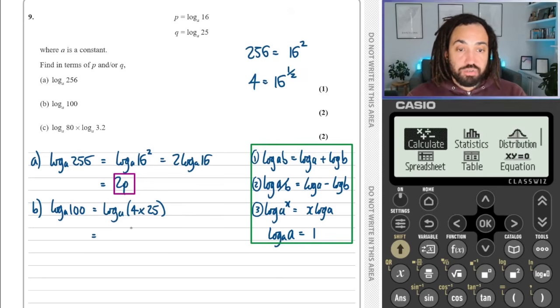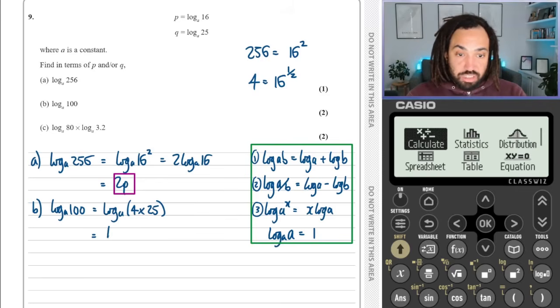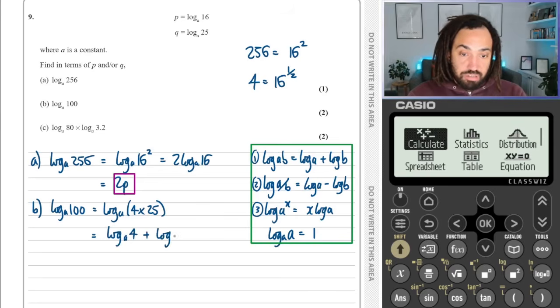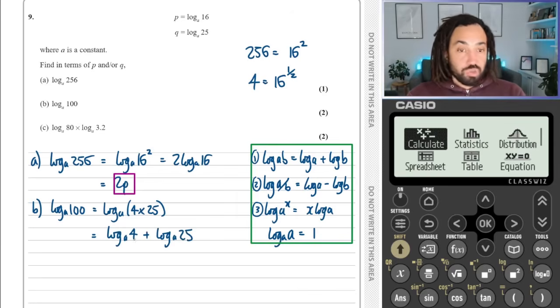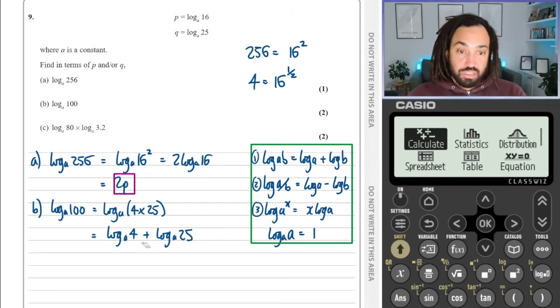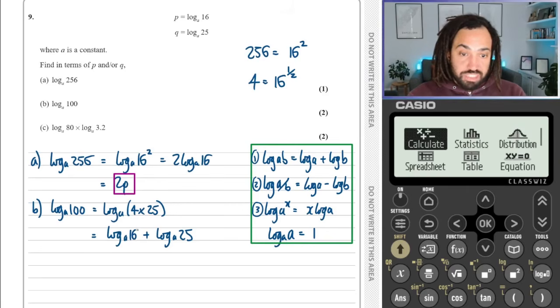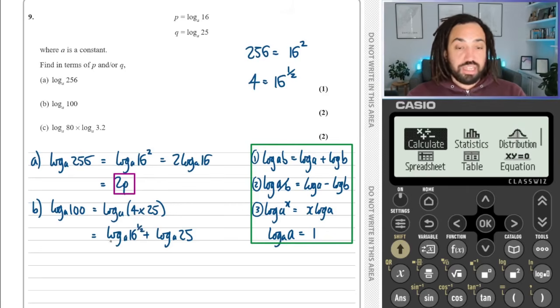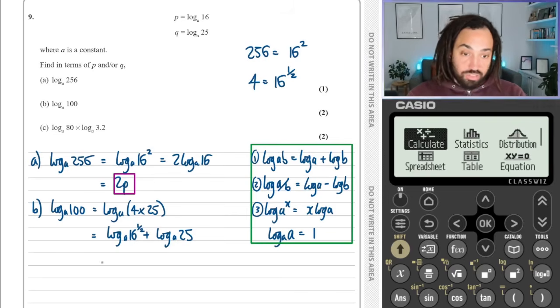Okay, so we're going to use log rule 1 here to split this up, like so. And then we're going to swap out this 4 for 16 to the power of a half. And then we're going to use rule 3 to bring that half down.